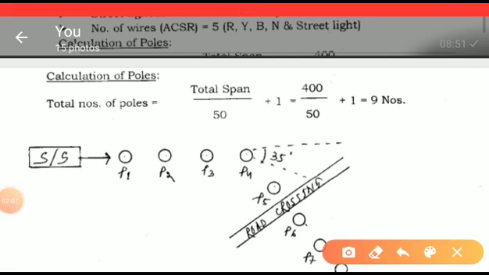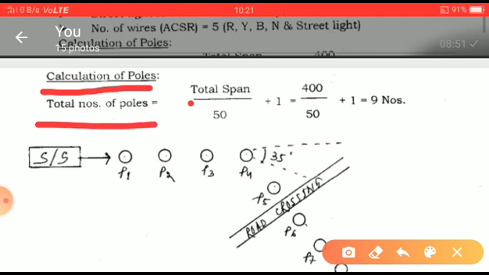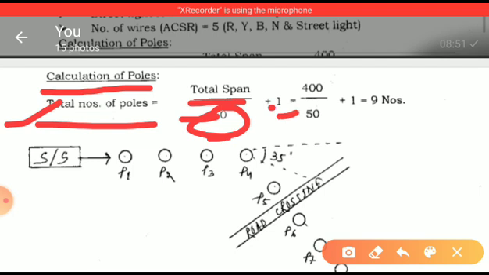So in our first step we will calculate the number of poles required. For calculation purposes, the number of poles is equal to the total span divided by 50, the distance between two poles, plus 1. This is the normal formula for calculating the number of poles. The total distance given is 400, and the distance between two poles is 50, plus 1.